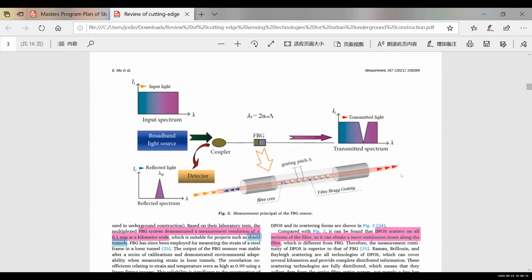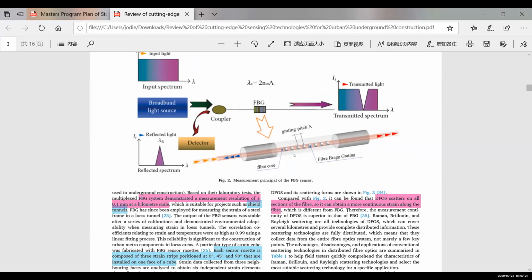And this picture shows the principle of the FBG sensor. I prepared a small video about the FBG sensors, but I think it's about 10 minutes, so I'm not going to show it.